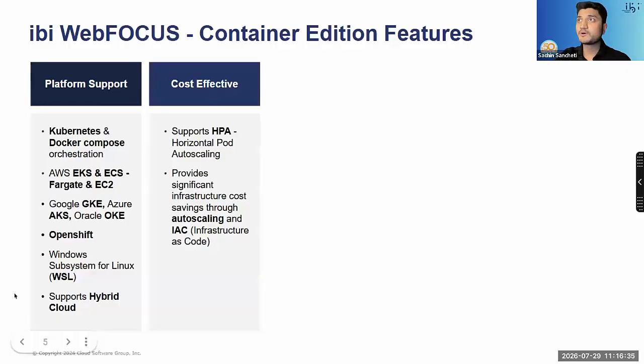Of course, the next topic is cost effectiveness. Cloud platforms are supposed to be cost effective, so to make it more cost effective, we support HPAs, that is horizontal pod autoscaling. It leverages the HPA feature of Kubernetes, but we have customized this further.